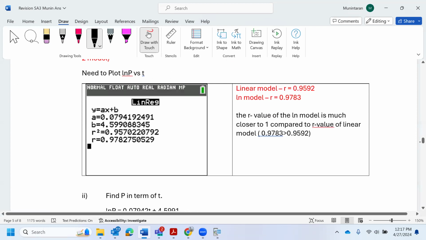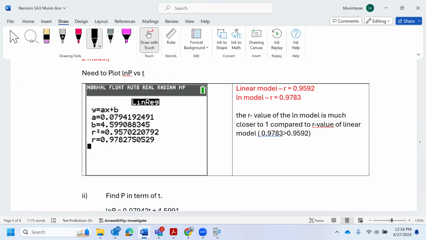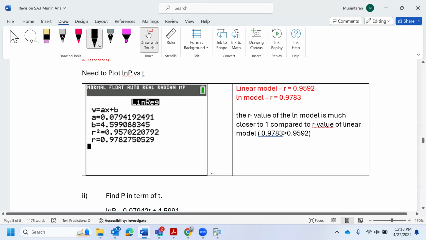Enter that value in your Casio, second ln, enter the value 4.5990888345. So we get 99.39.